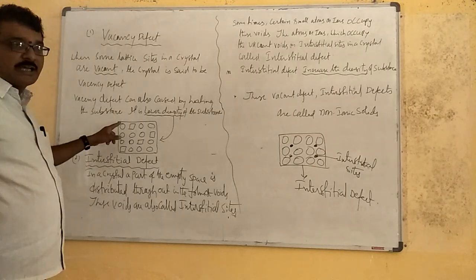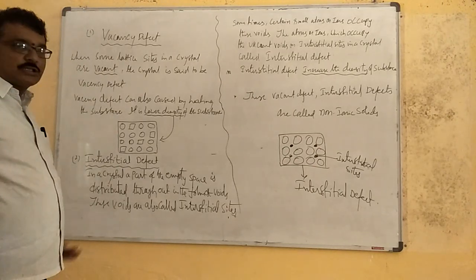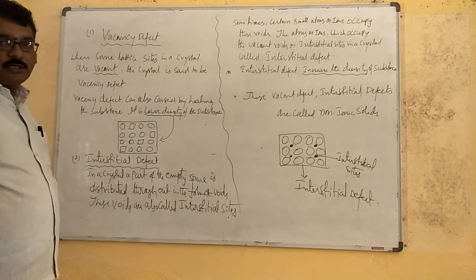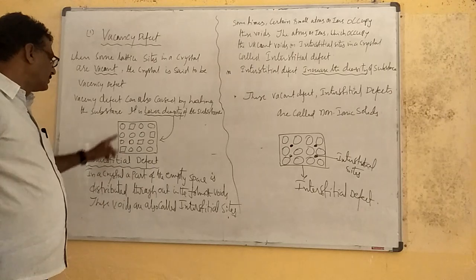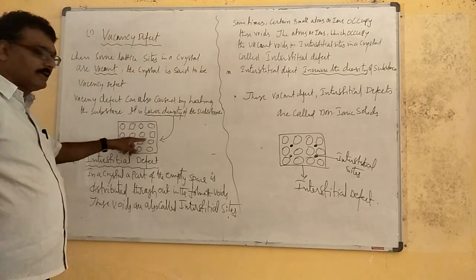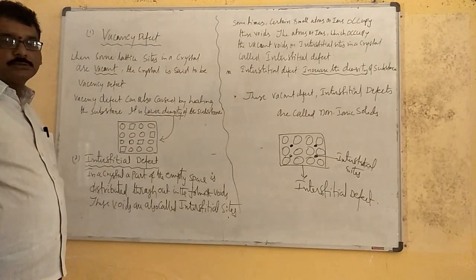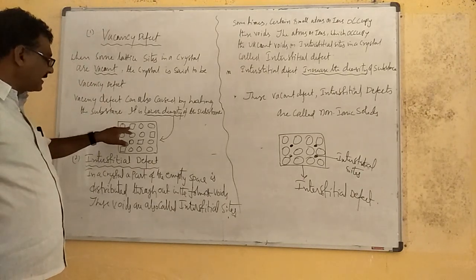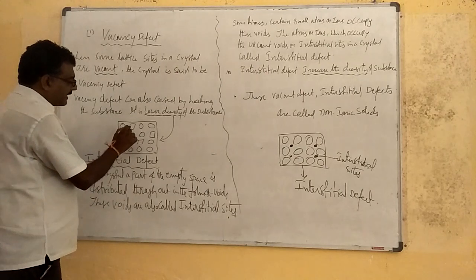Now you are seeing this diagram, where the constituent particles are arranged in a regular manner. That is called a crystal solid. Generally, the circles indicate atoms or ions arranged at crystal sites. In that crystal, some vacant space is there.